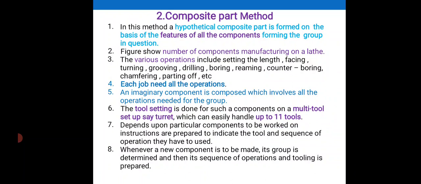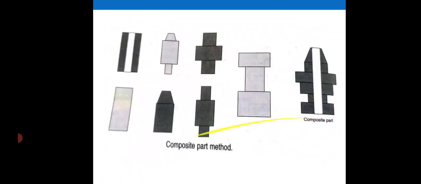Depending upon the particular component to be worked on, a section is prepared to indicate the tools and the sequence of operations to be used. Whenever a new component is to be made, its group is determined and then its sequence of operations and tooling is prepared. This is an example of the composite part method.